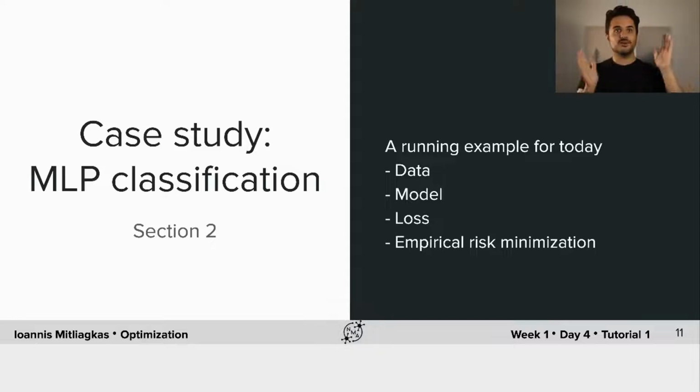All right, so in order for us to begin with our actual work and our actual learning, we are going to introduce a simple classification task, which will be our running example for the day, also known as our case study. We're going to use a multi-layer perceptron that you learned about yesterday, and a specific data set.